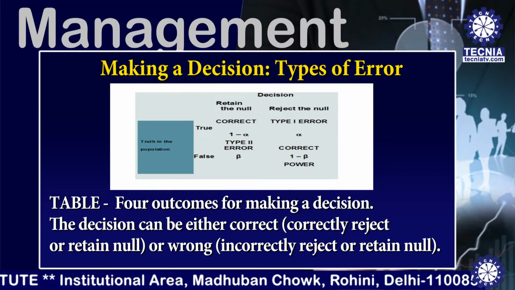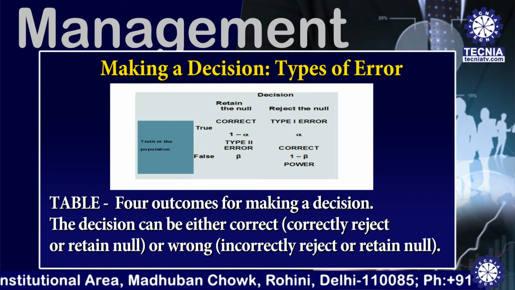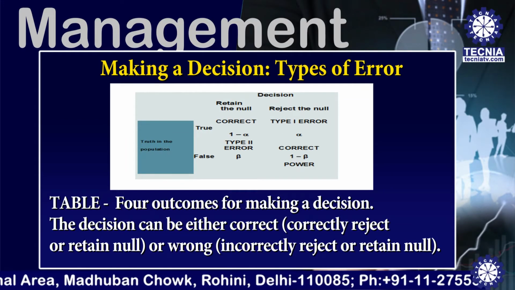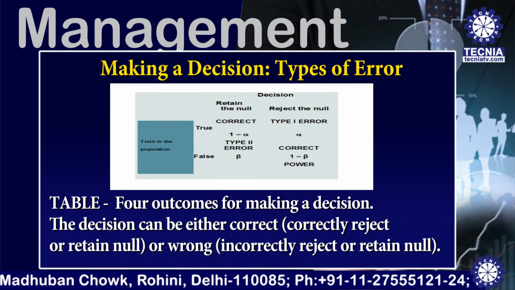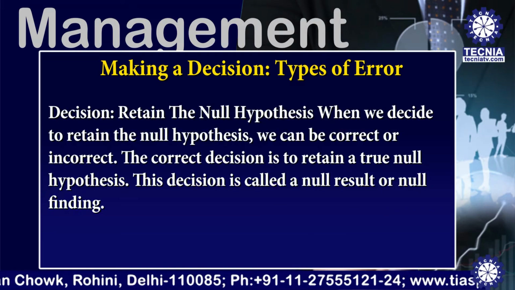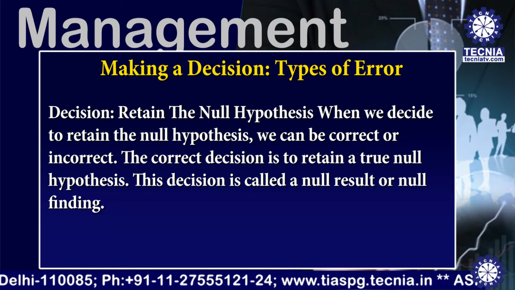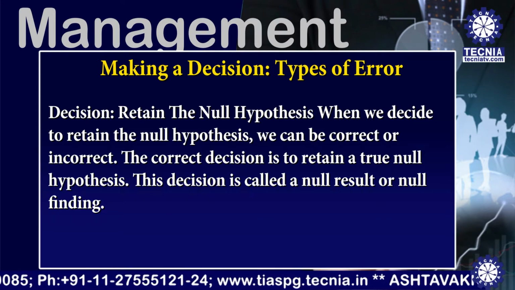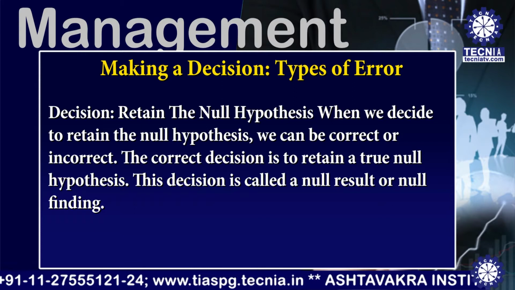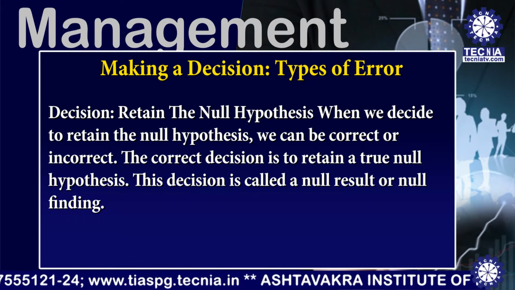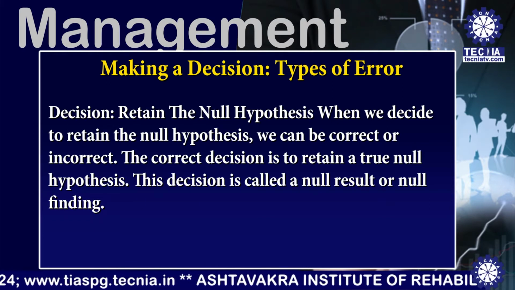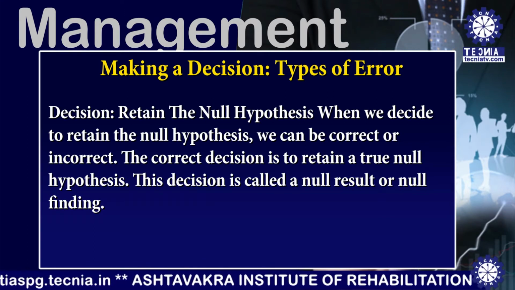In the following table, you will find four outcomes for making a decision. The decision can be either correct or wrong. Now, the decision which is to retain the null hypothesis. When we decide to retain the null hypothesis, we can be correct or incorrect. The correct decision is to retain a true null hypothesis.